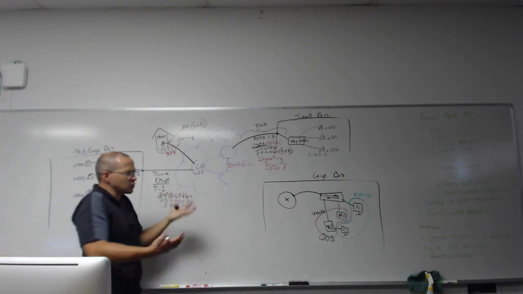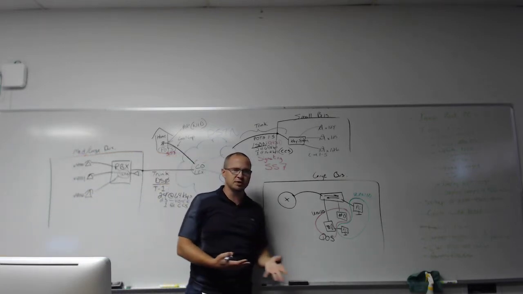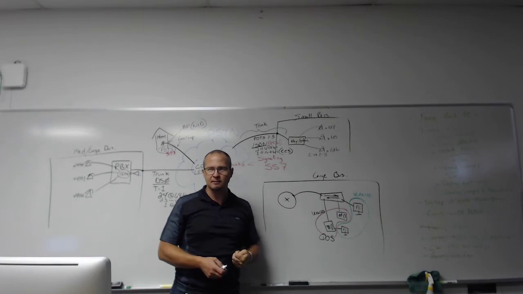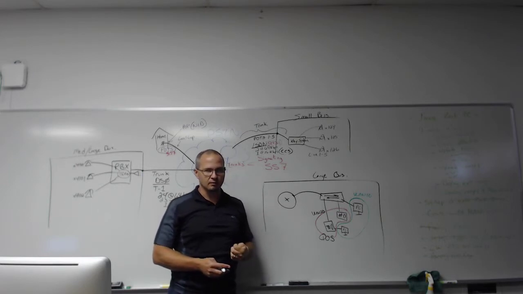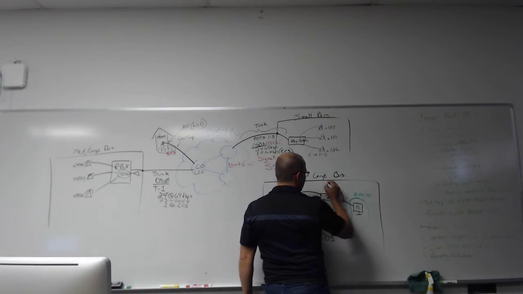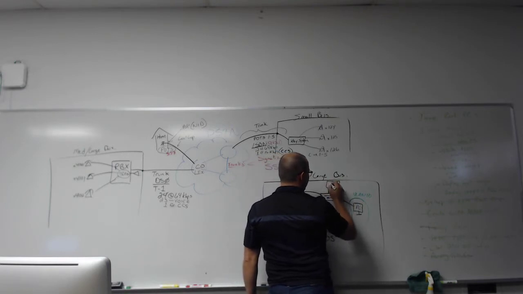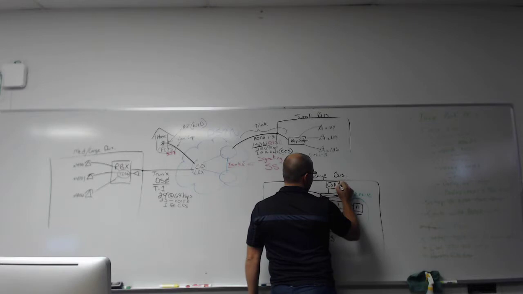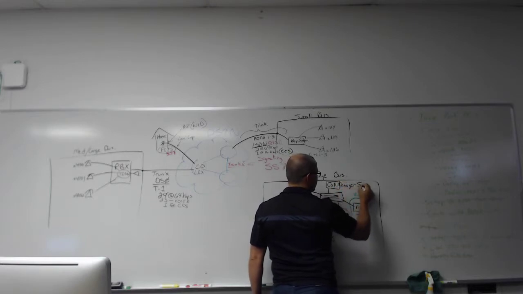So we need some sort of device here in this large business using voice over IP to do the same thing. So off of this network, we put some sort of call manager server.